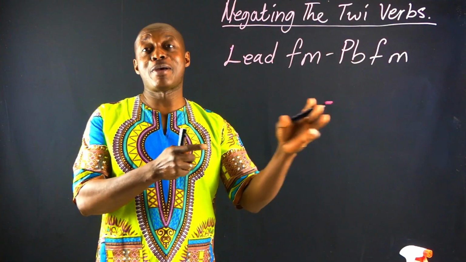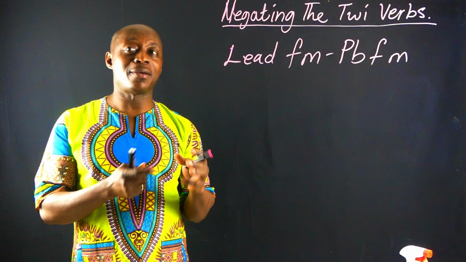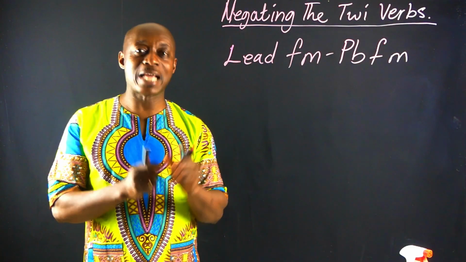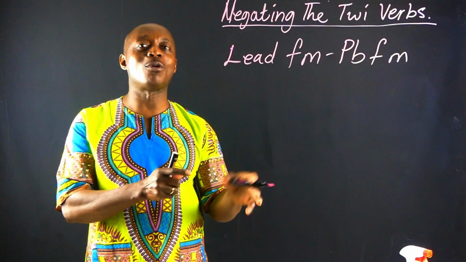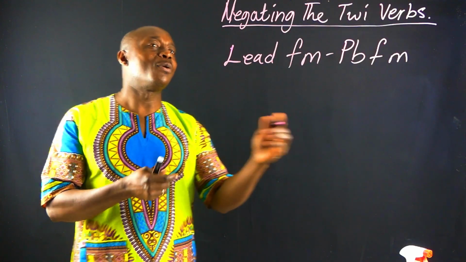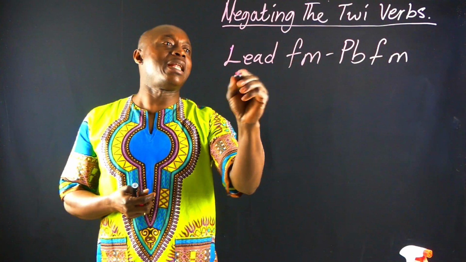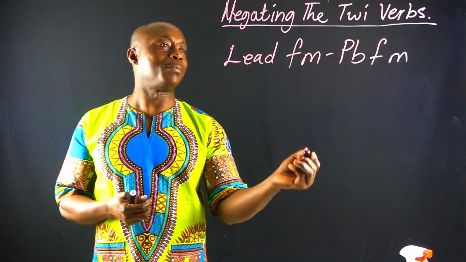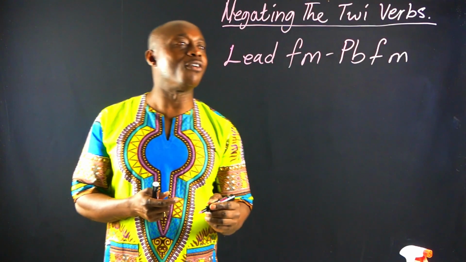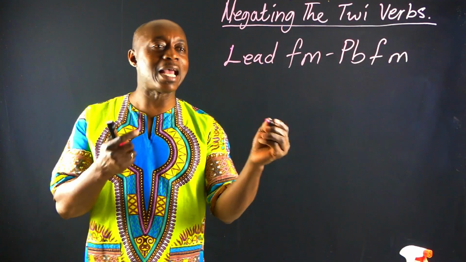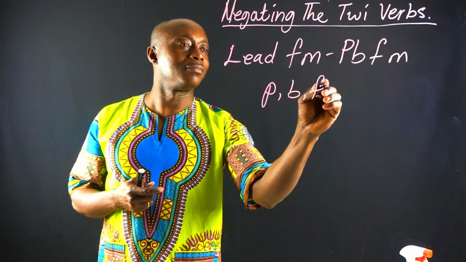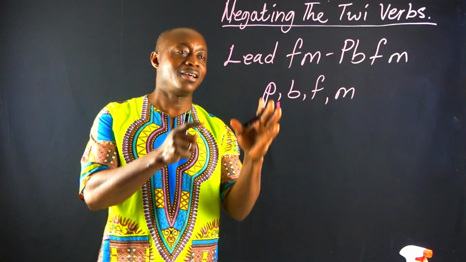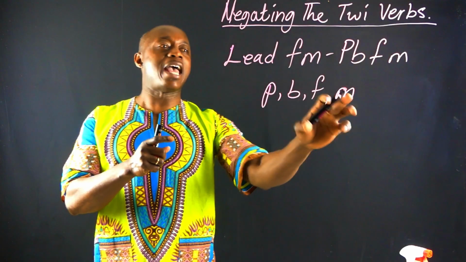It helps me to remember those consonants that when a verb begins with them, you will have to prefix it with M in order for it to become negative. So, the chemical symbol for lead is Pb, and then I add FM. This reminds me of those consonants: P, B, F, M. That is what I call lead FM.